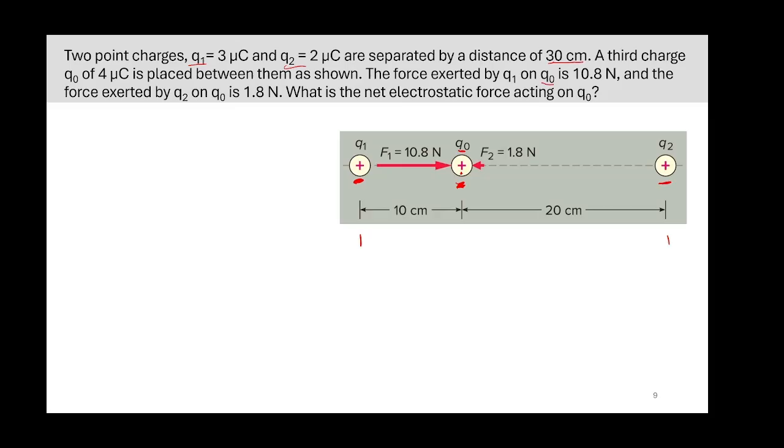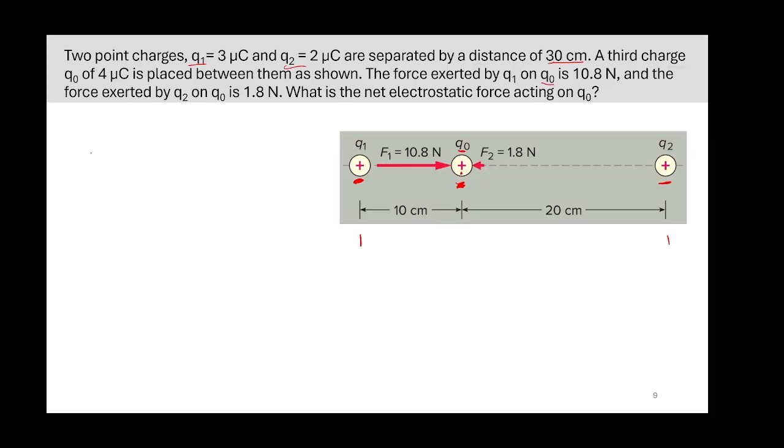So the force from charge 1 on charge 0 is 10.8 Newton. We can write it as shown in the figure.